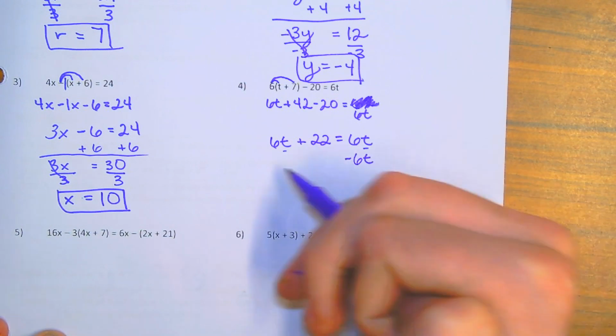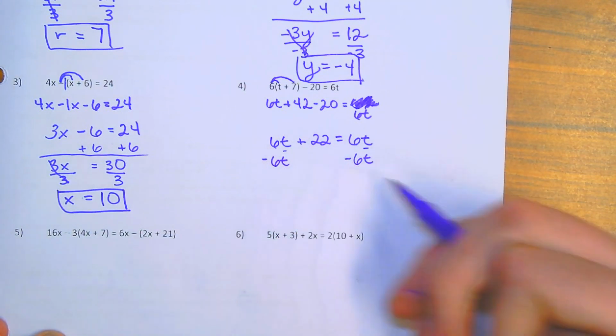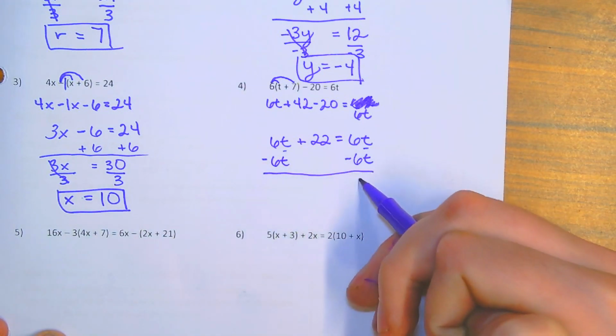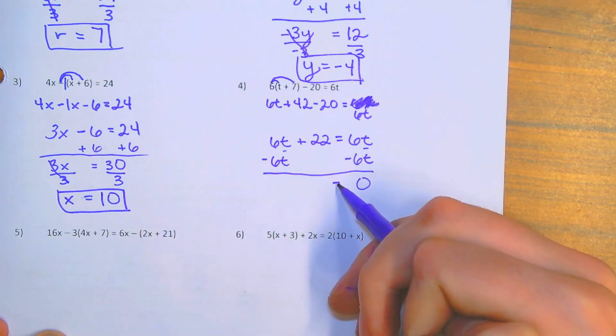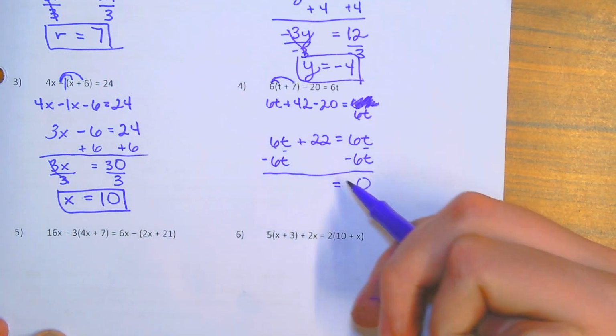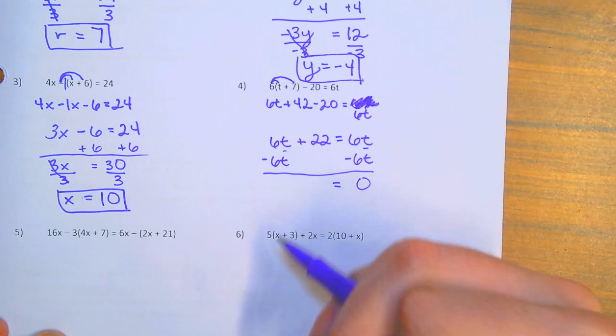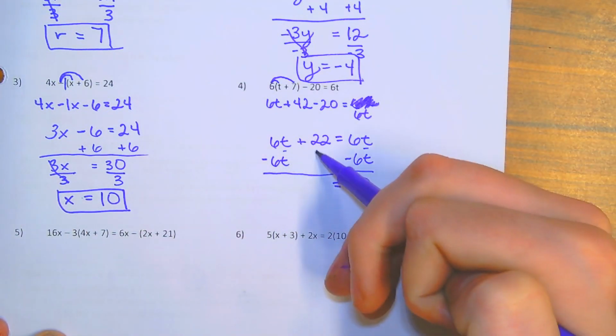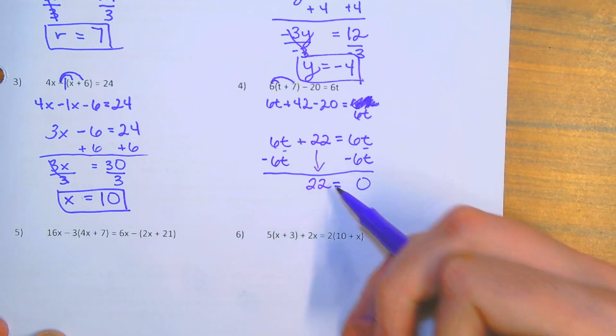So I'm going to minus that 6t. Now 6t minus 6t is going to give you 0 right there. And 6t minus 6t will give me 0 as well. But I don't write 0t, because 0 times t is already 0. Doesn't need to be there. And that 22 is just going to drop right down here.